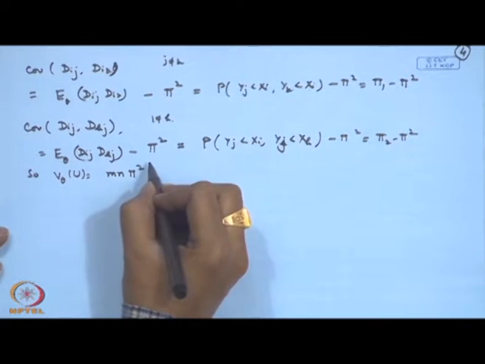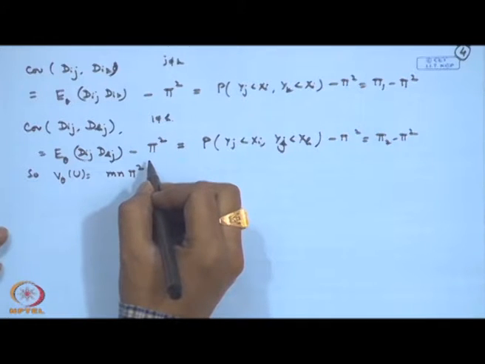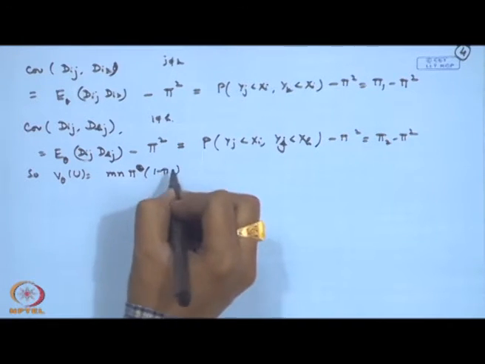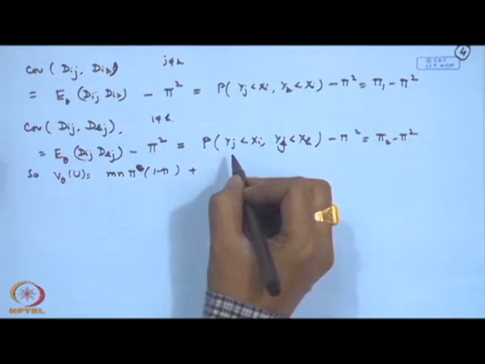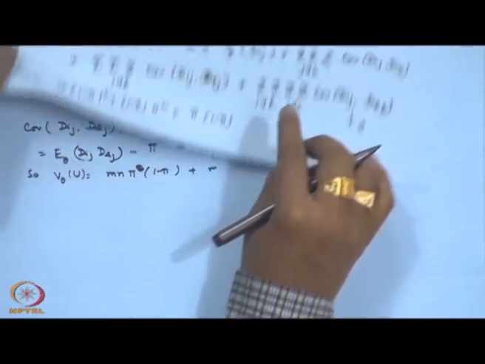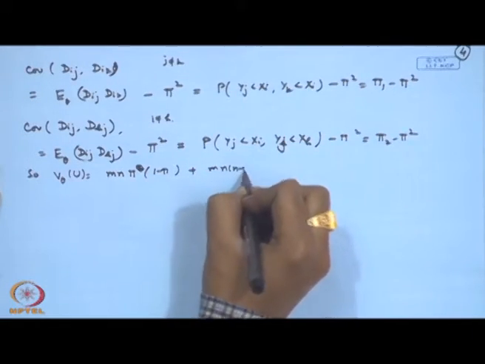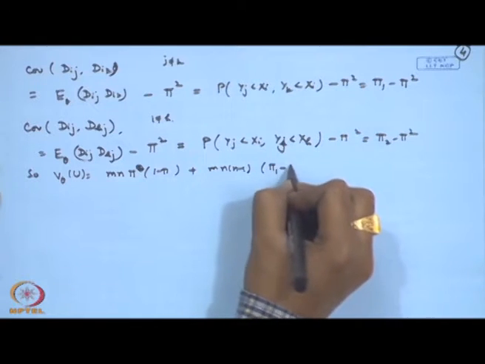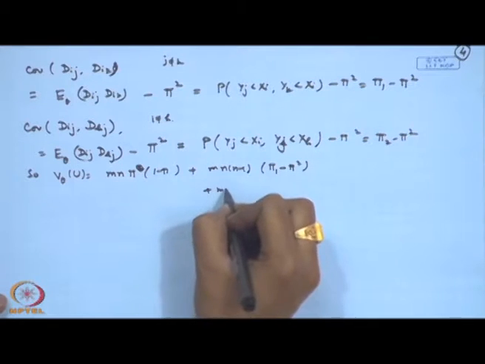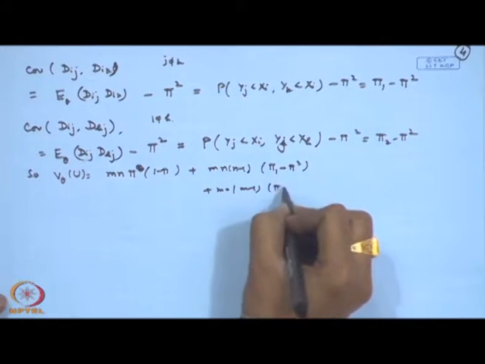So, that is equal to mn pi into 1 minus pi, plus how many terms are here, that will be equal to m n into n minus 1 terms, pi 1 minus pi square, plus m n into m minus 1 terms, pi 2 minus pi square.